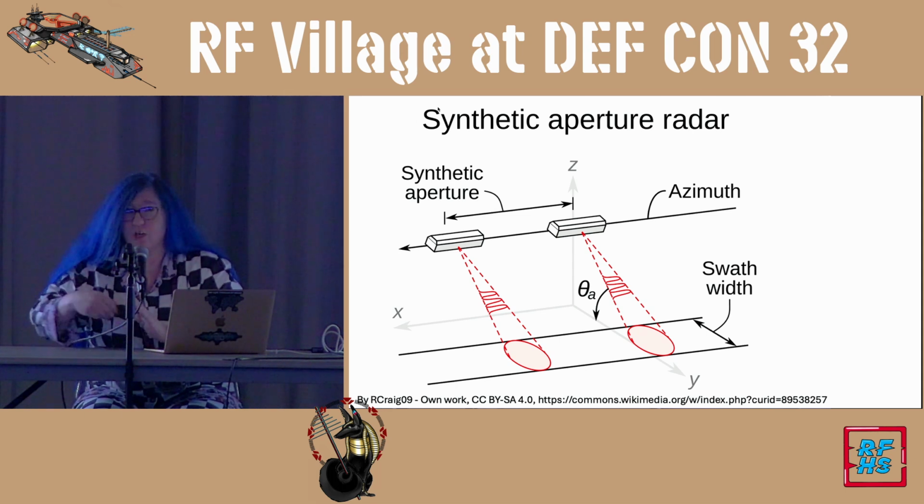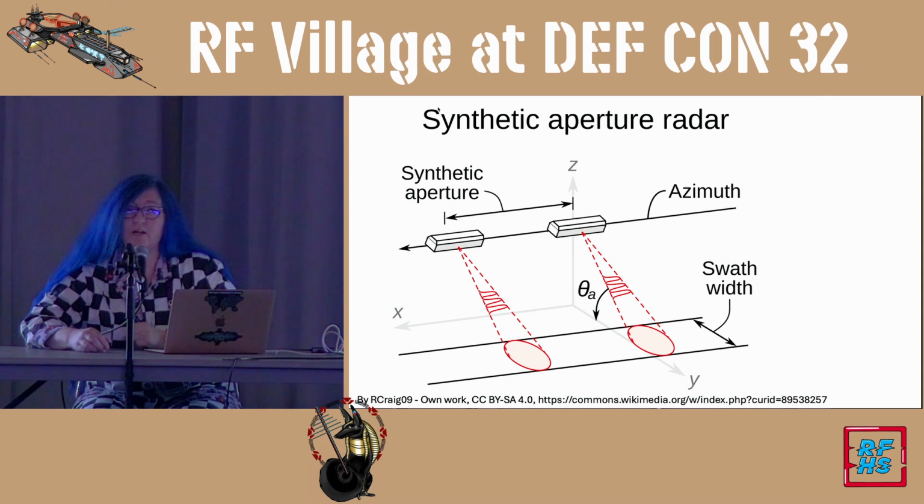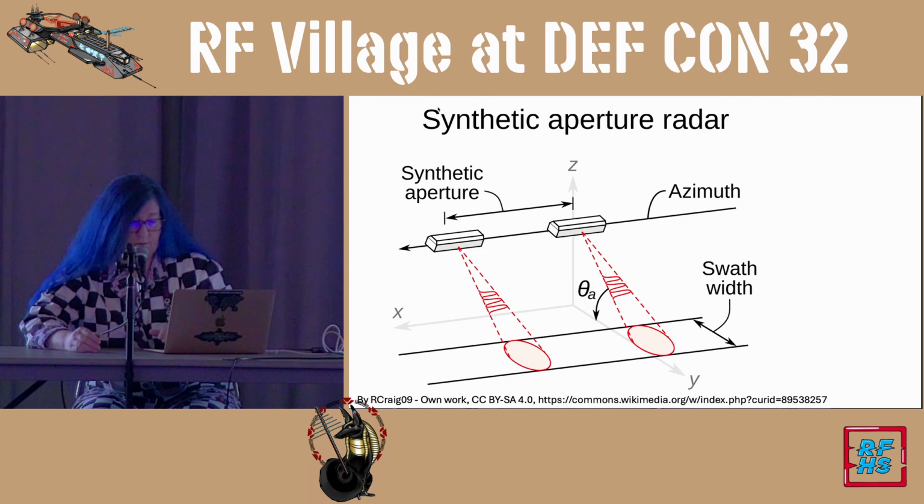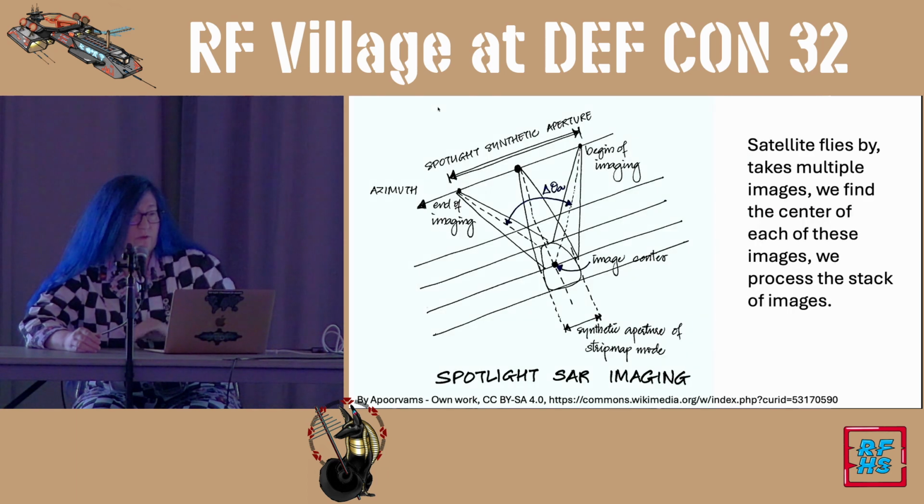So the general idea is that you have a moving platform with a radar system, and the movement gives a much larger aperture. One of the most common ways that this is done is on a satellite. So the satellite flies by.